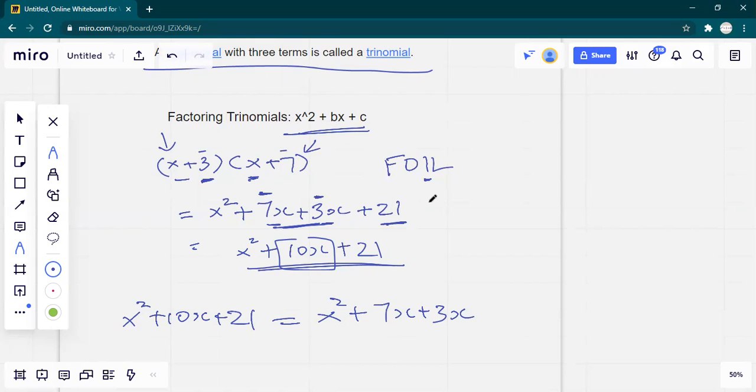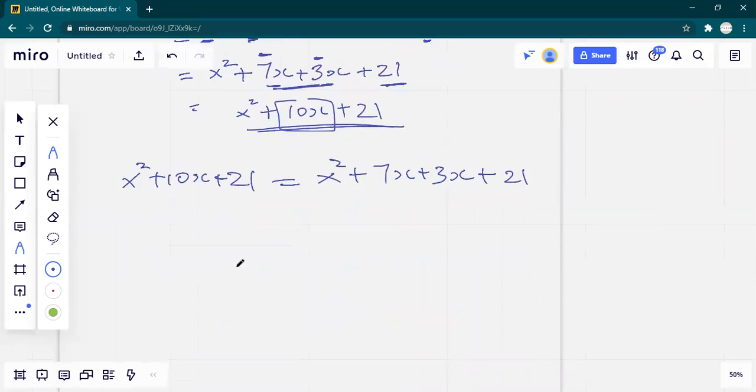So we split the middle term using this property. Plus 21. Next is grouping the first two terms and the last two terms: x squared plus 7x, plus 3x plus 21. After grouping, you need to write the c, 21, as the product of 3 and 7.